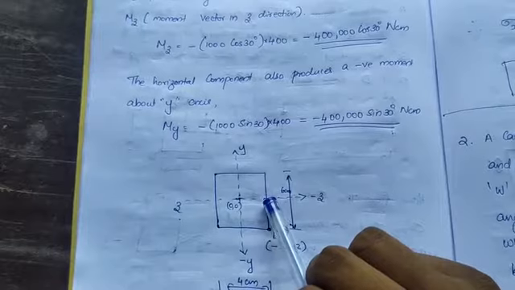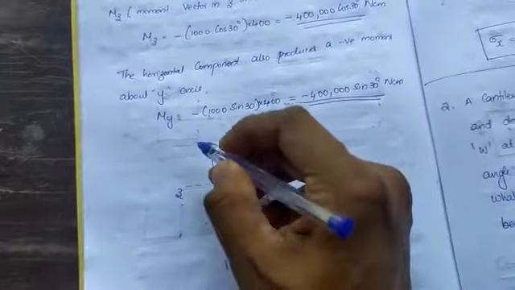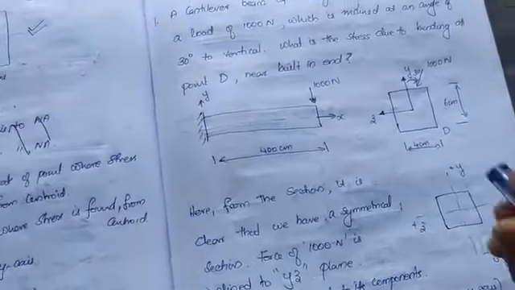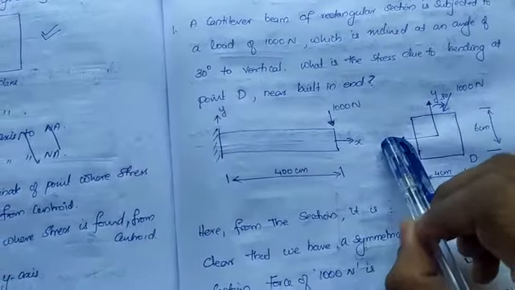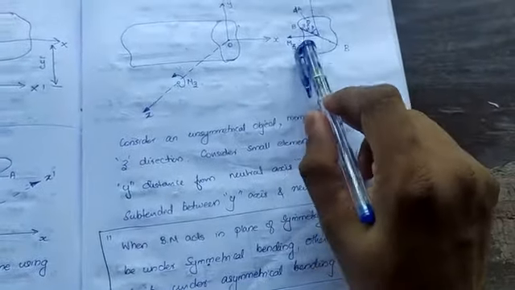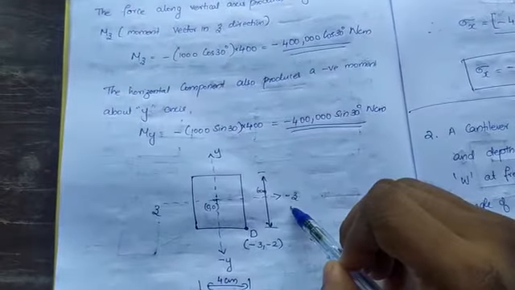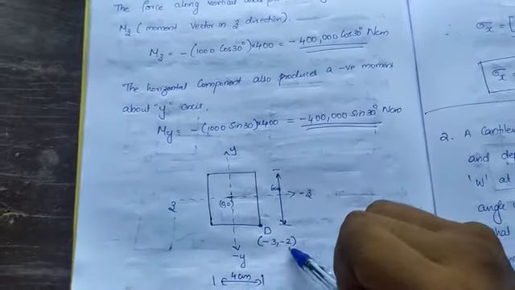The important thing is that y is positive in this direction, and positive z is this direction. That is what we used to solve this equation. That's why this will be positive z and this will be negative z, this is positive y and this is negative y. So the coordinates are minus 3 and minus 2.